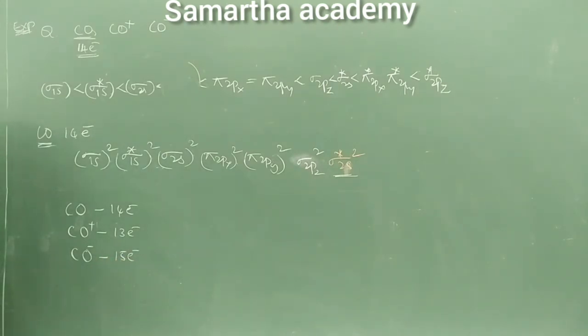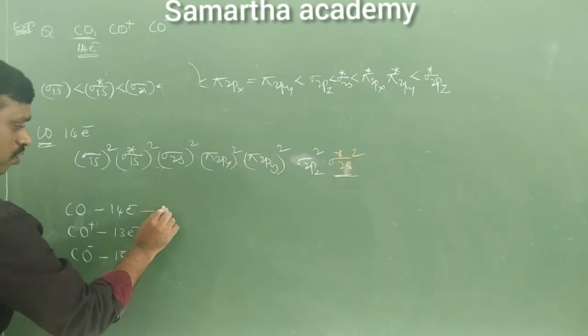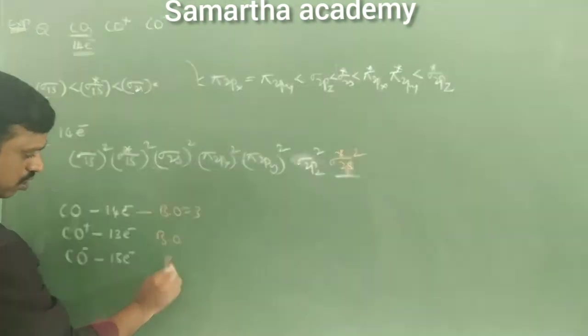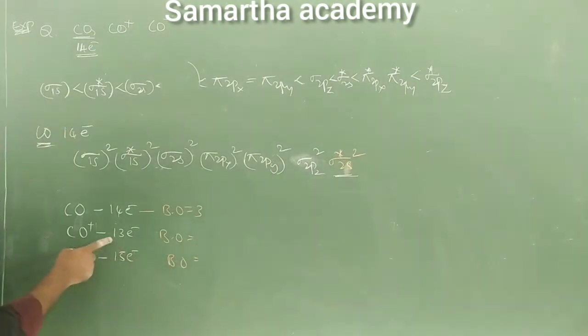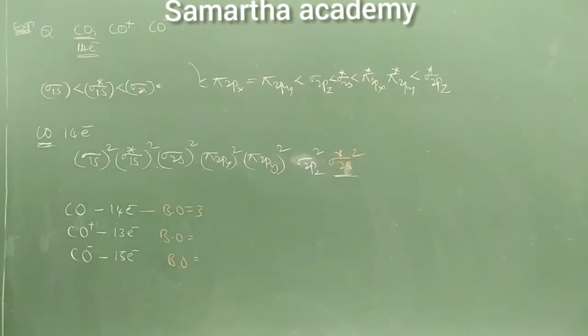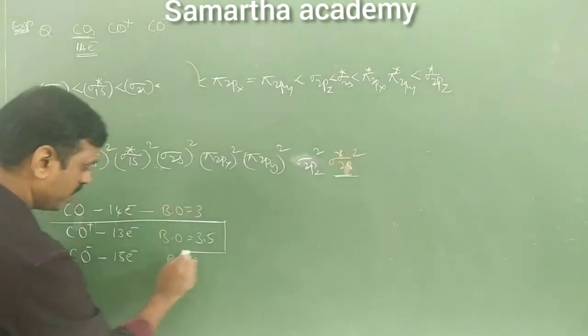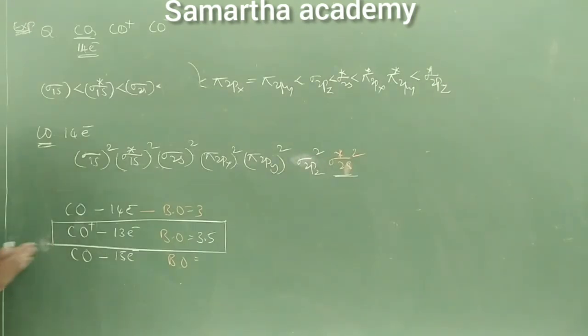So remember, this 14 electron bond order is 3 only. Tell me, this 13 electron bond order is supposed to be 2.5, but remember, it is not 2.5. It comes 3.5. Only one exception. If you calculate, you will get it.